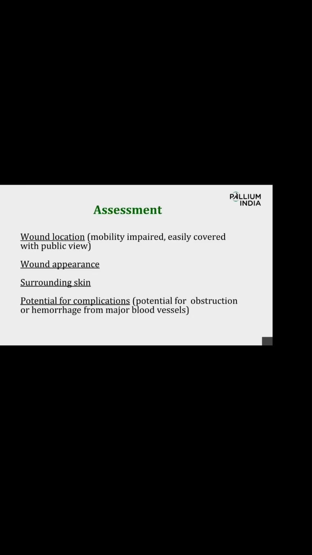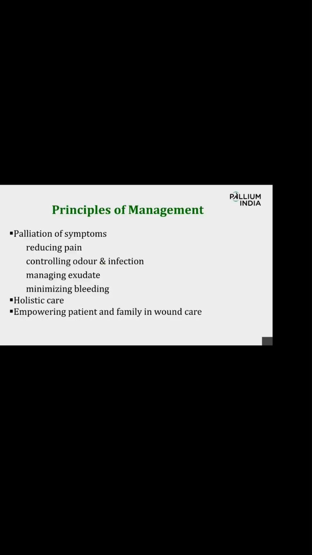If the wound proliferates, the vein and blood vessels will also be affected. So you have to check the potential for obstruction or hemorrhage from major blood vessels. Then principles of management you can see here: palliation of symptoms. Here I'm sharing one thing.